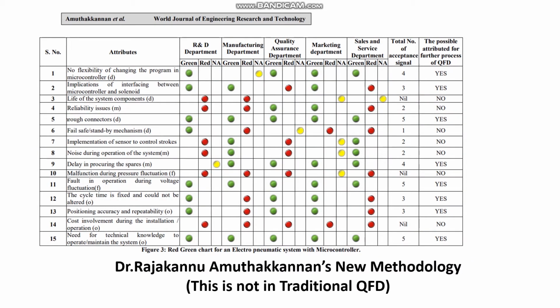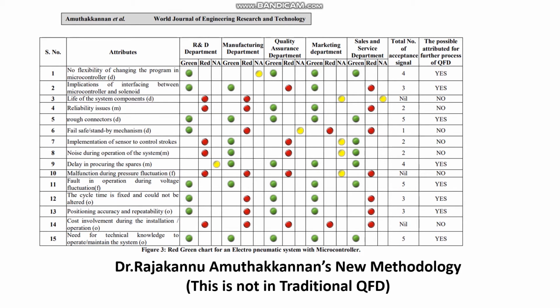The red green chart, the red green yellow chart, is for what purpose? See, we have taken 15 voices of customer. To reduce the 15 voices of customer to the important voices of customer, we can use this red green chart.